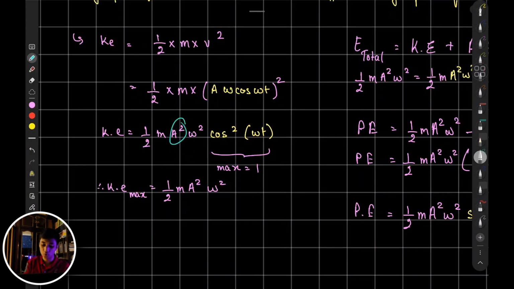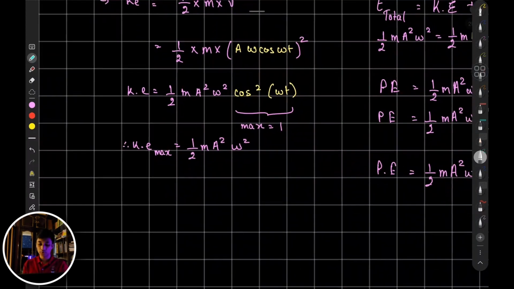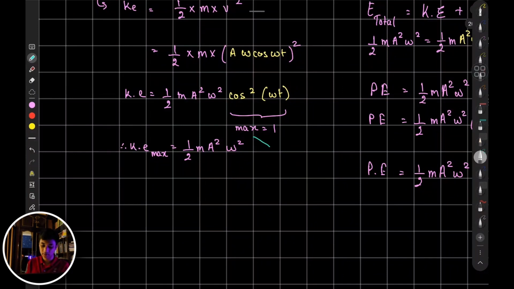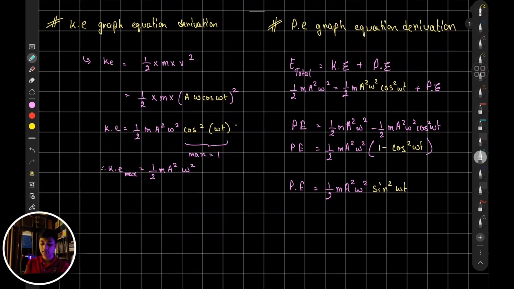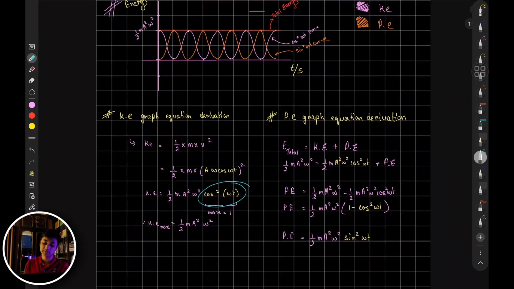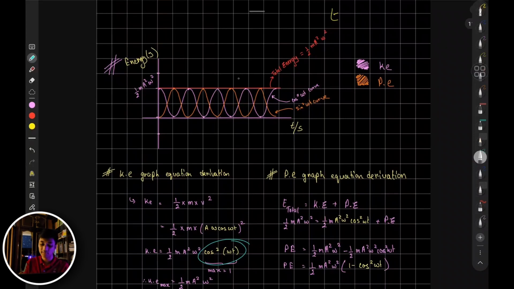So a squared times omega squared. Now, if you square cos omega t, it becomes cos square omega t. So this is how you're getting a cos square variable in your equation. Right. This is the reason your graph looks like this.